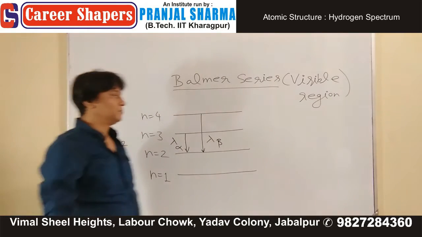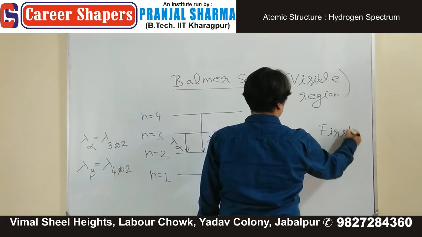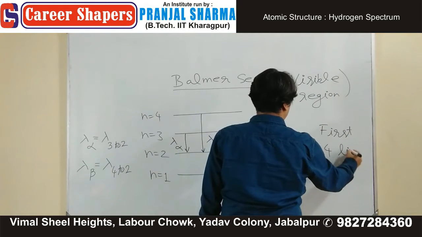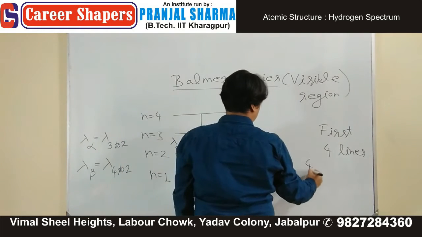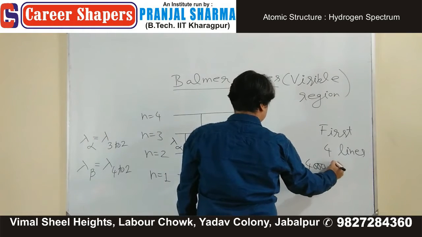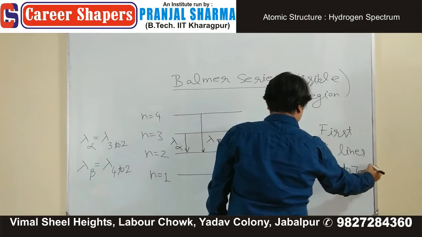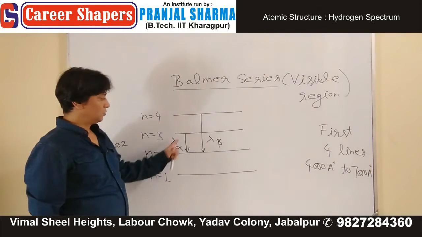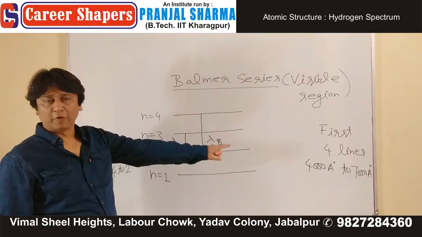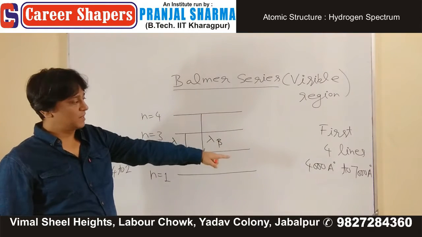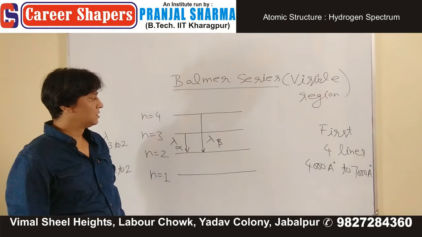In fact, just for your knowledge, the first 4 lines are between 4,000 angstroms to 7,000 angstroms range. 1, 2, 3, 4. The first 4 lie in the range of wavelength from 4,000 to 7,000. That is enough for us to remember.